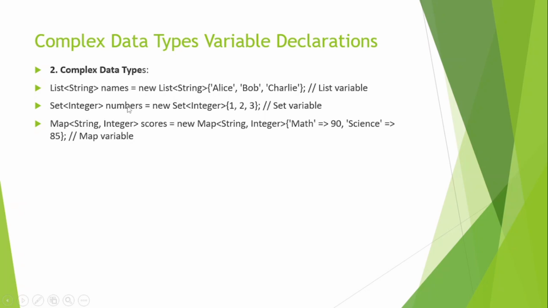Set integer numbers, new set integer 1, 2, 3, we are setting the variables. Map string integer scores, new map string integer. So it holds key value pairs, math is holding 90 value, science is 85. So like this we are declaring the variable.